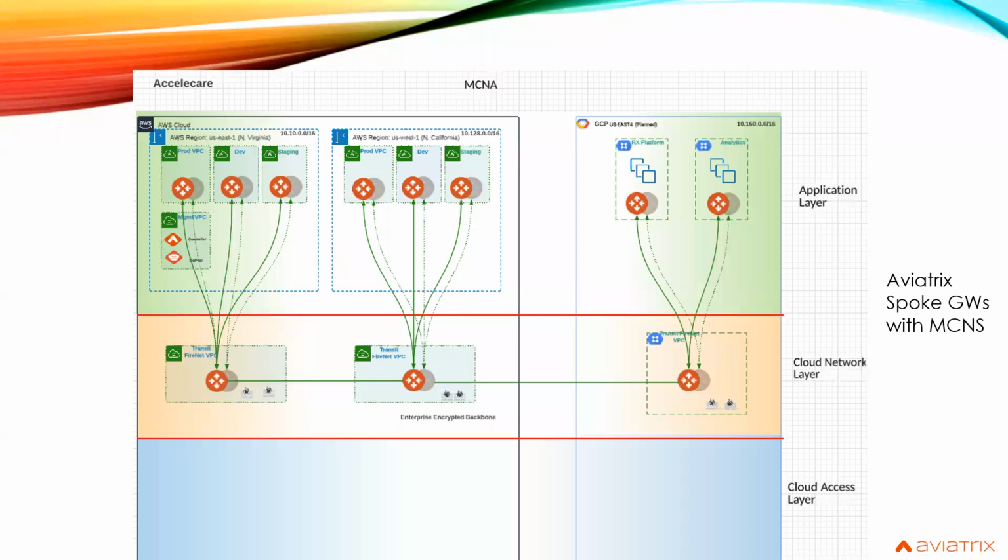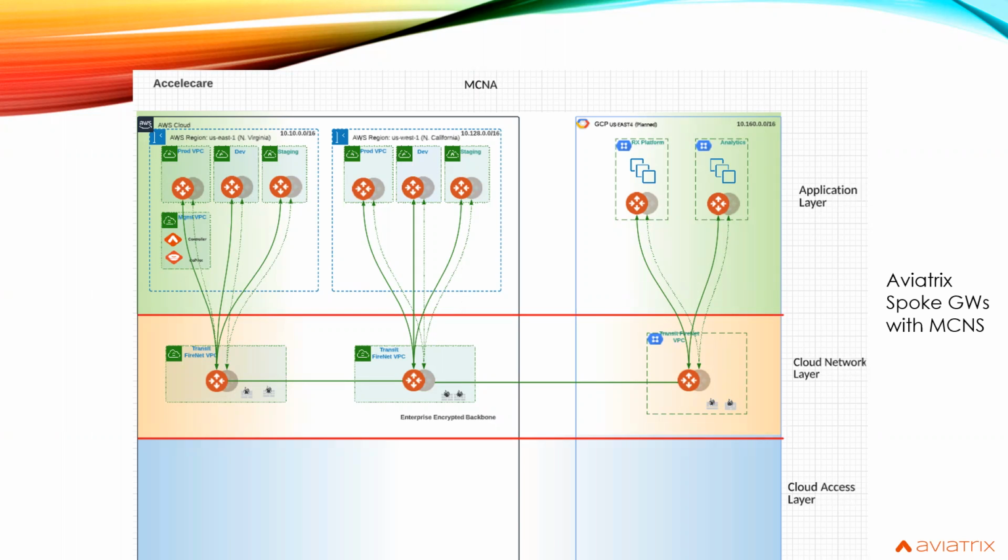Igor has a question here: how is route propagation achieved across participating tunnel endpoint routers? So your Aviatrix gateways, the controller, programs the routes based on your security policy. Each one of our VPCs is connected to a security domain, and we create our connection policies with those security domains.